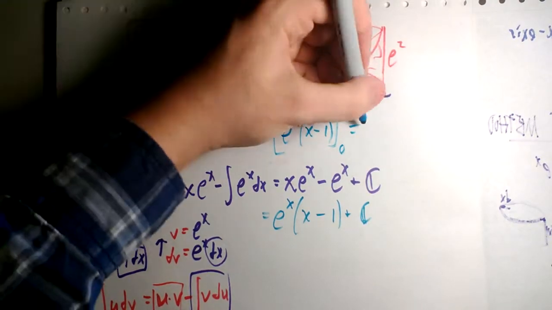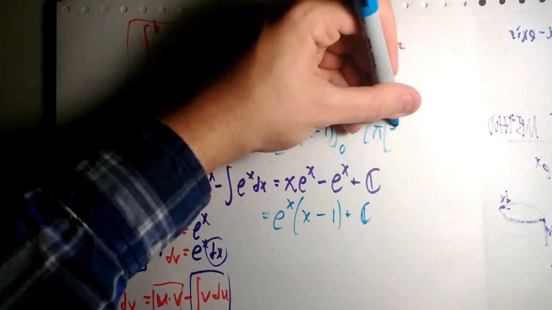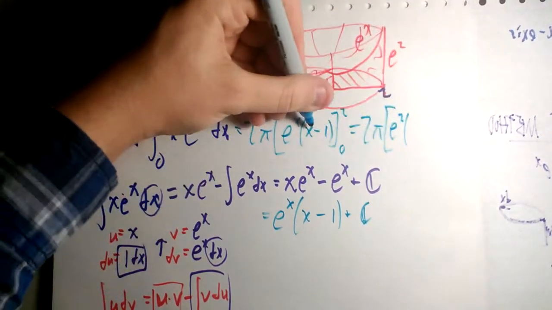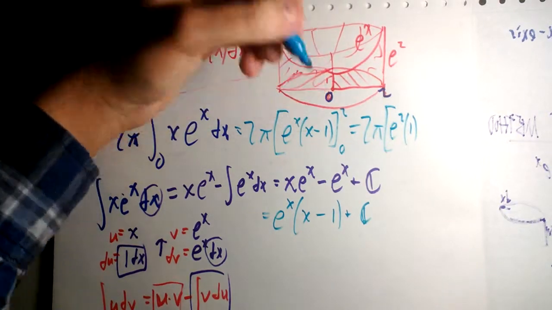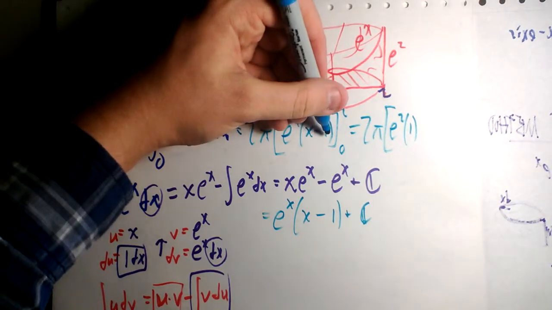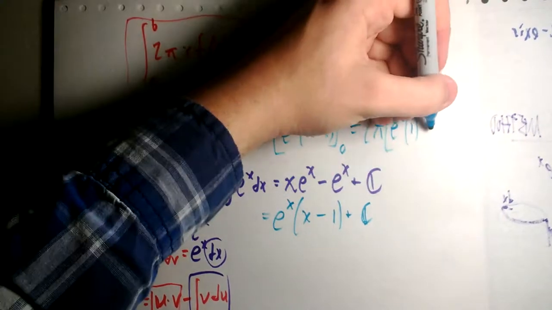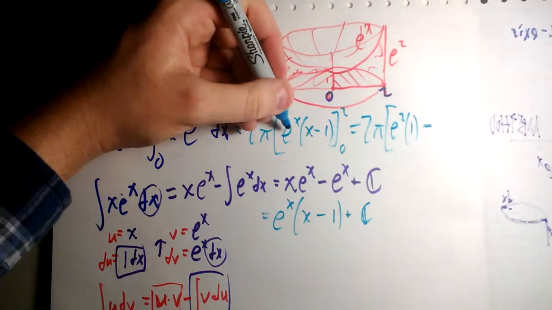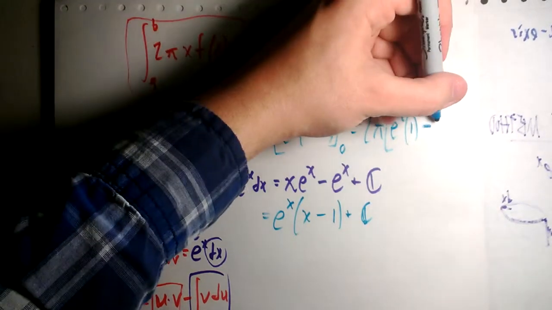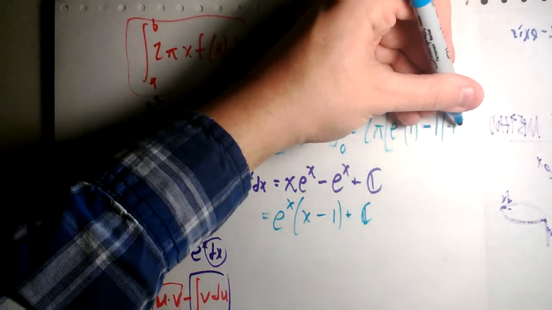So let's get going. 2 pi is still there. e to the 2 is e squared, and then 2 minus 1 is just 1. I just want to make sure I don't make any mistakes. Now we subtract the other result, so plug in 0 here. e to the 0 is 1, and then 0 minus 1 is negative 1.